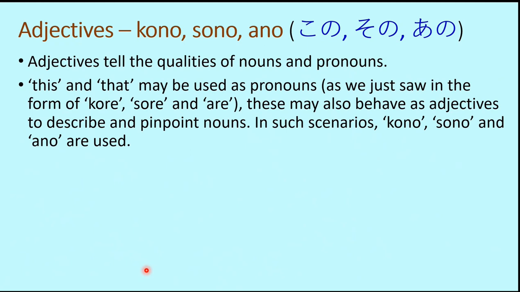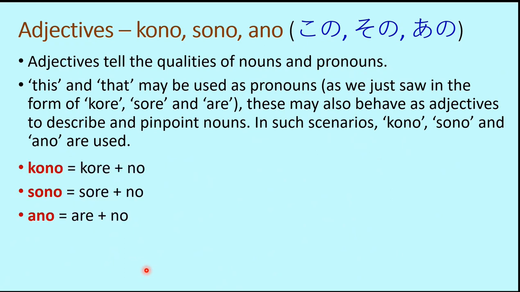So adjectives tell the qualities of nouns and pronouns. This and that may be used as pronouns as we just saw in the form of kore, sore, and are. And these may also behave as adjectives to describe and pinpoint nouns. In such scenarios, kono, sono, and ano are used. So kono is basically derived from kore plus no. So kore no. This is a kind of possession we have added here using this no particle, and it is added to kore and it becomes kono.